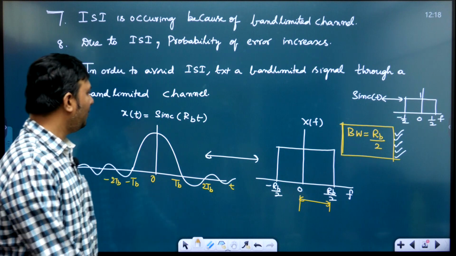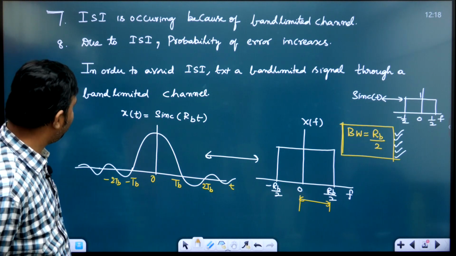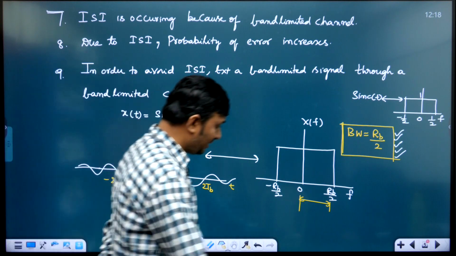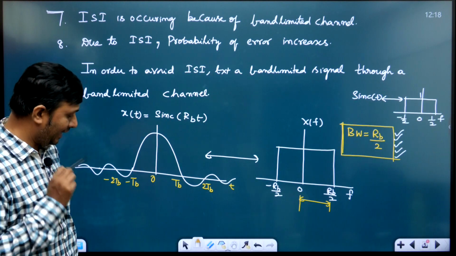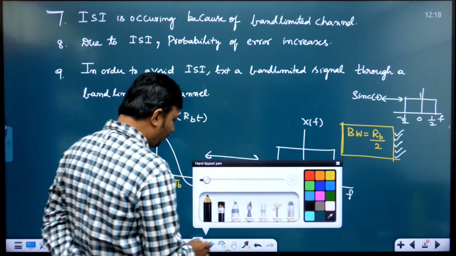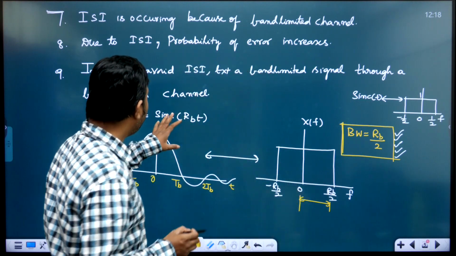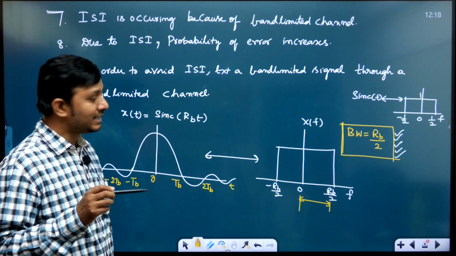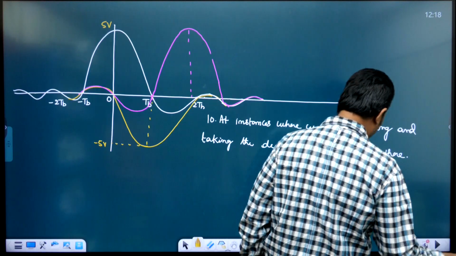Right. Now here, if this is the case, what is the next problem? Let me tell you what we are doing here: we are using a sync pulse instead of rectangular pulse. Using a sync pulse instead of rectangular pulse is what is known as pulse shaping.